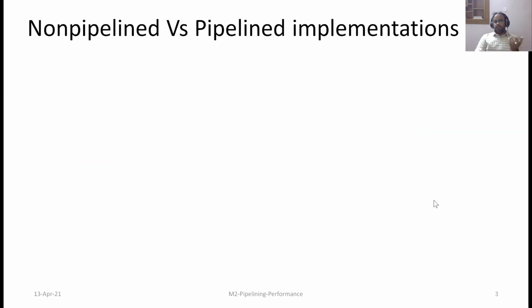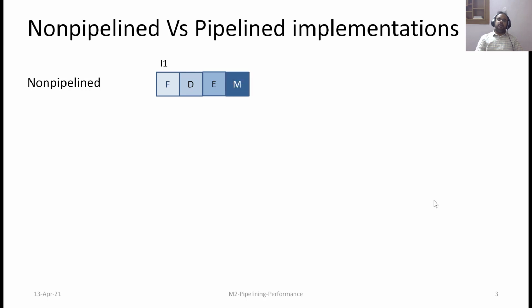Now let's look at the non-pipeline and pipeline implementations and try to see how efficient pipelining would be in terms of performance. So in a typical non-pipeline fashion, we will fetch instruction I1, we will decode it, execute it, the memory access step would be there, and following that we have the write back step, right?